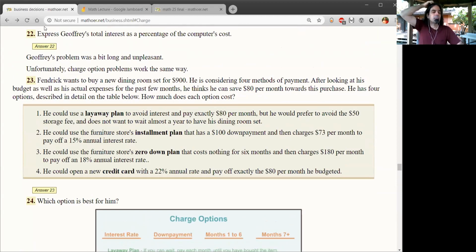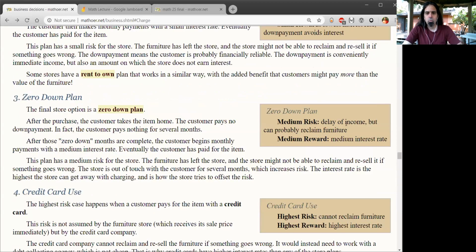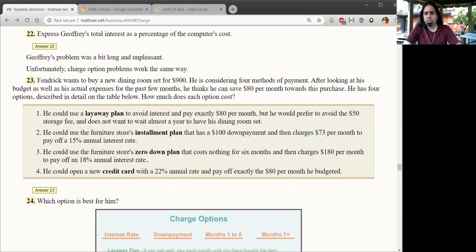So the complicated problem for charge options is, let's look at all 4 examples at once.